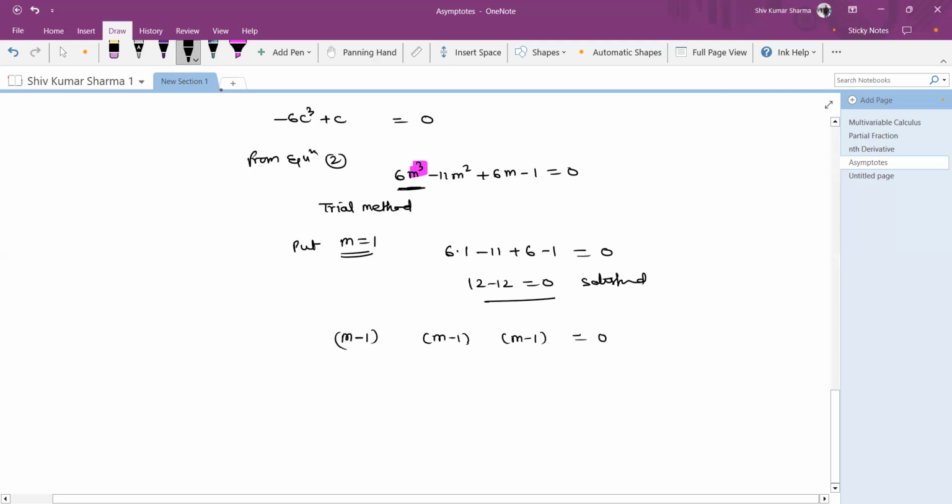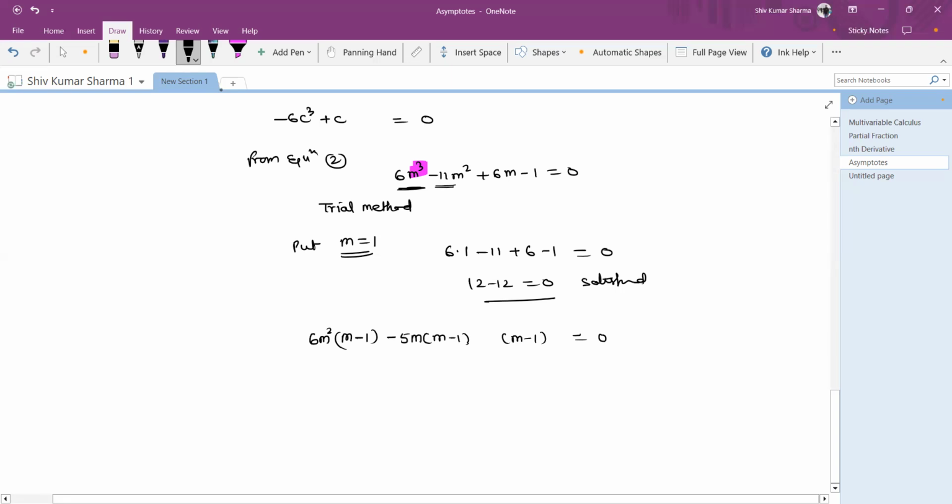How to get 6m cube? When we multiply this factor by 6m square, the first term will be 6m square into m, so 6m cube, minus 6m square. But we have minus 11m square, so we require how many more m square? 5m square. So we do minus 5m.